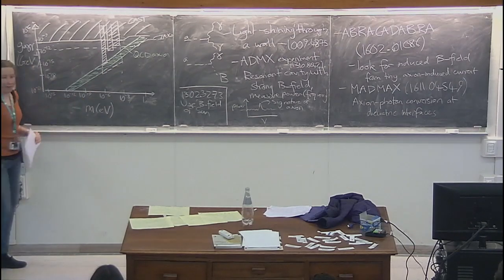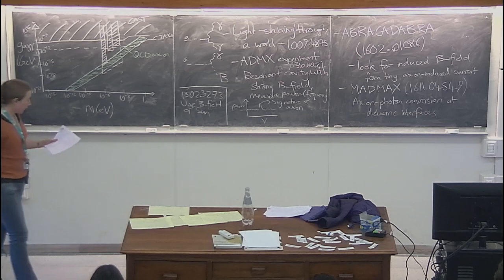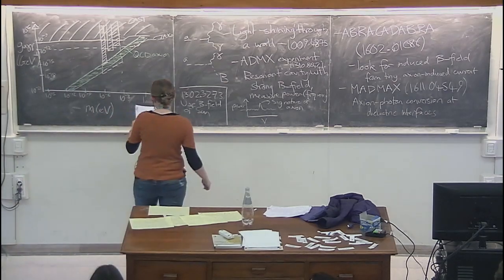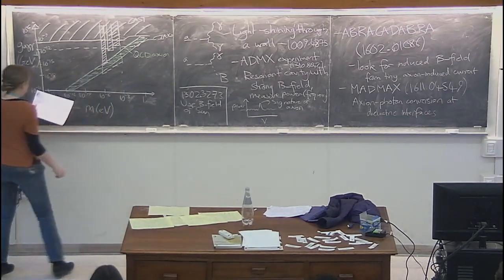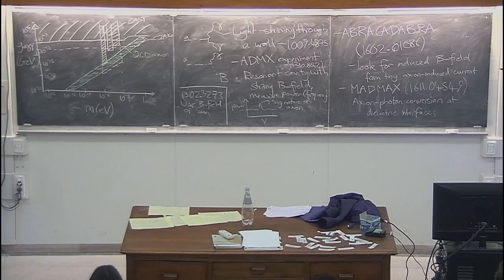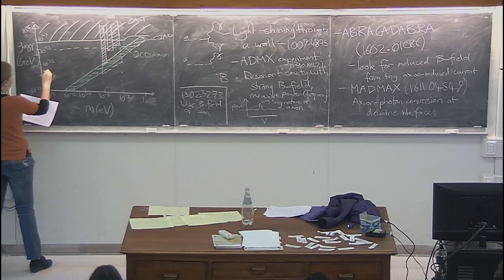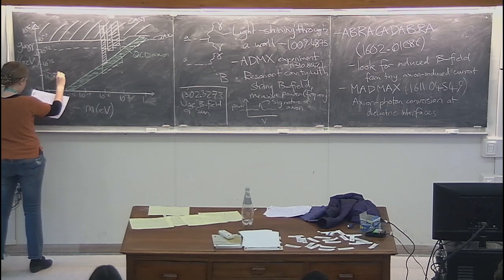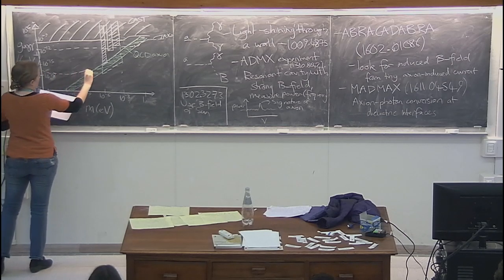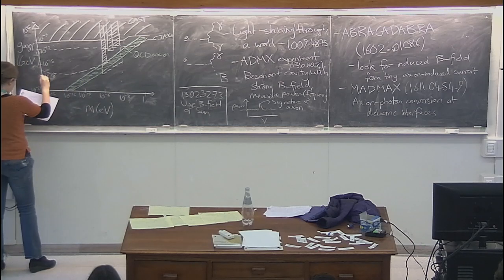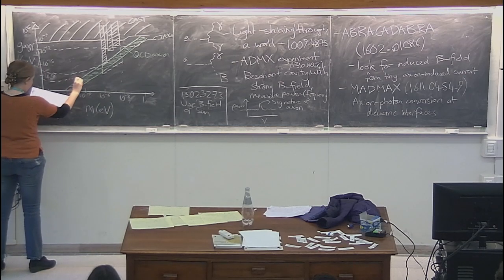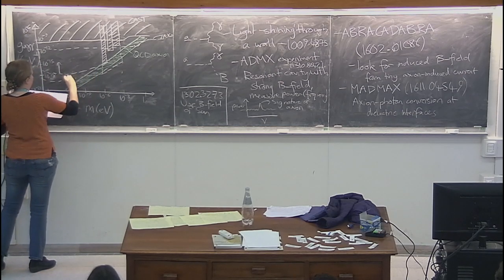If you want to look further out in these regions of parameter space, at the low mass and low coupling region, Abracadabra claims to have sensitivity to a region that is sort of down here and upwards. Abracadabra doesn't actually have any results yet. This is the Abracadabra forecast.